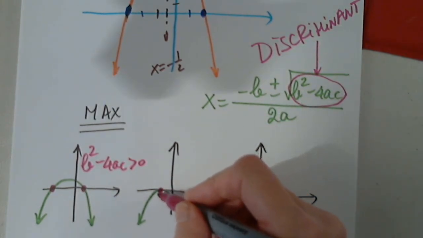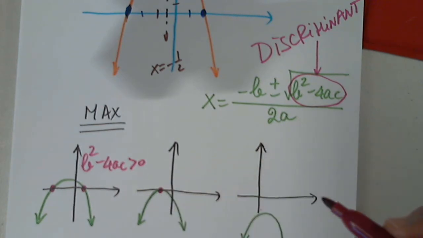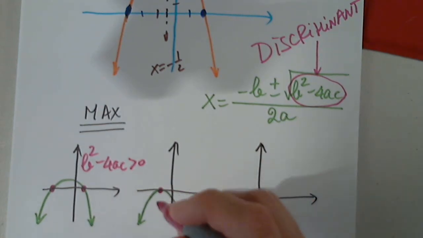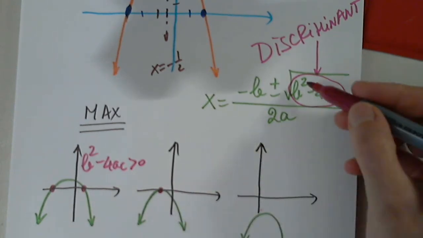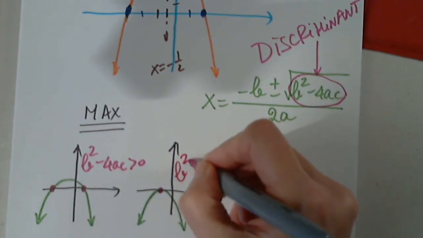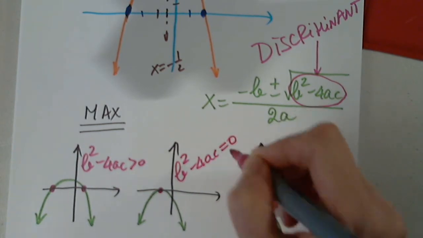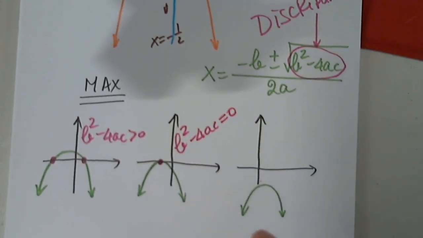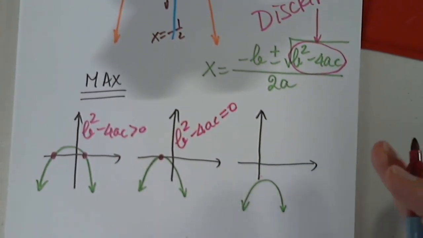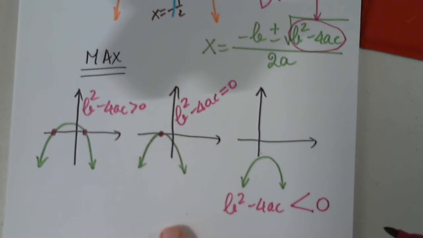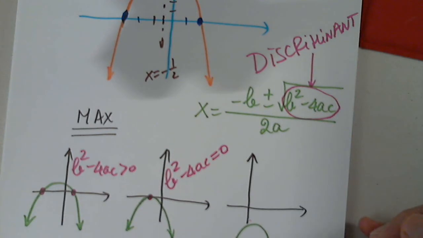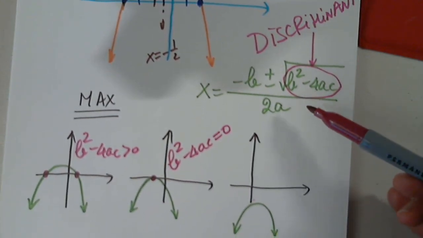Here there is only one common point. Basically there are still two solutions, but they are not distinct, they are the same. In this case, the discriminant is 0. And here there are no x-intercepts, which means b squared minus 4ac is a number less than 0, which basically means that the square root of this number is not a real number.